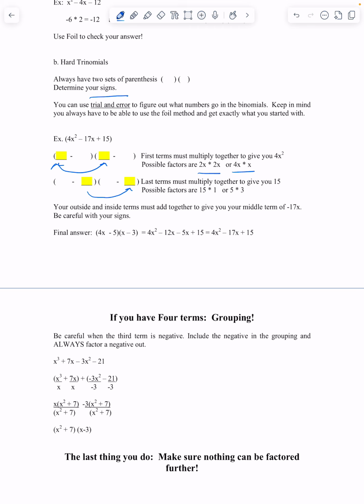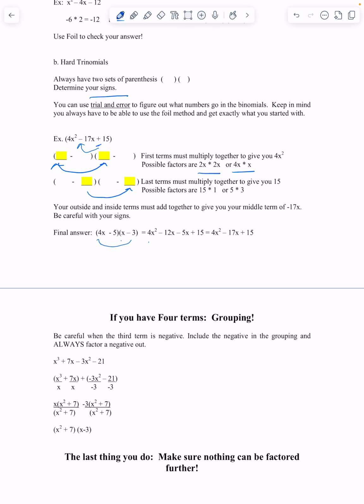Notice that I can use those same rules that apply to the trinomials. All right, so my last term is positive, so I look to the left. Both of my signs have to be negative in there. And so when you play around with it, you know that I have to be able to fold this back out and get exactly what I started with. So the correct answer you can see is 4x times x. That gives you 4x squared.